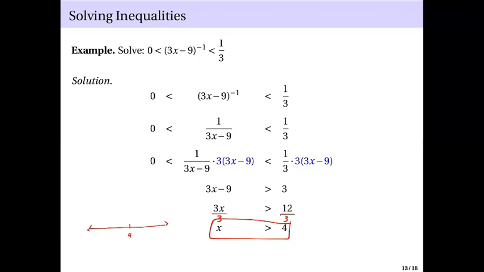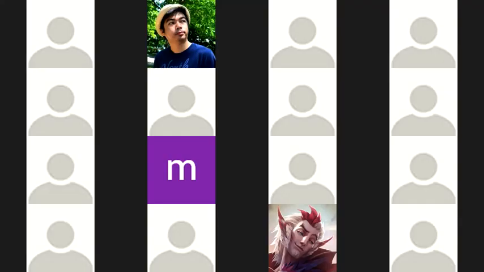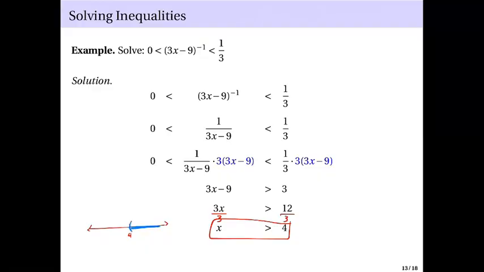And we now sketch the ray. So again, we want our x to be greater than 4, strictly greater than, so we use open parentheses and it opens to the right. And then we sketch the ray. Direction is going to the right. Okay?